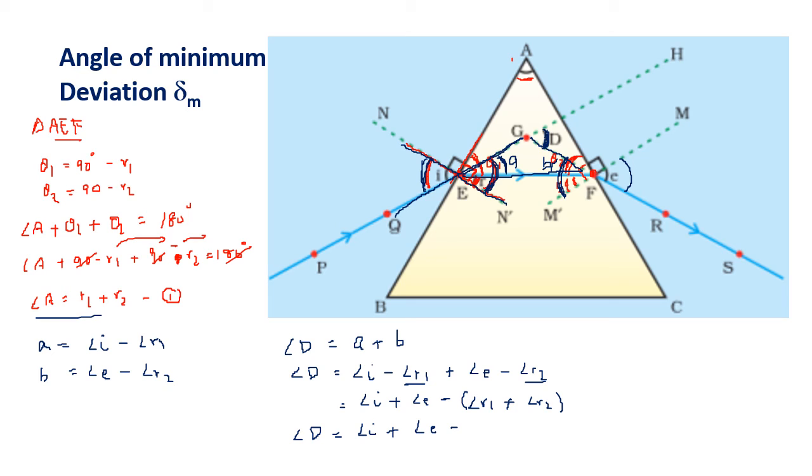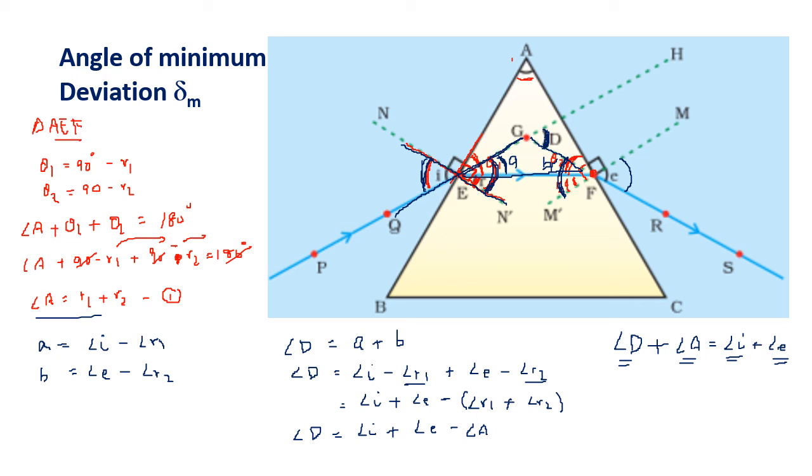So angle D is equal to angle I plus angle E minus angle A, or we can just write angle D plus angle A equal to angle I plus angle E. So angle of incidence plus angle of emergence equals angle of prism plus angle of deviation.